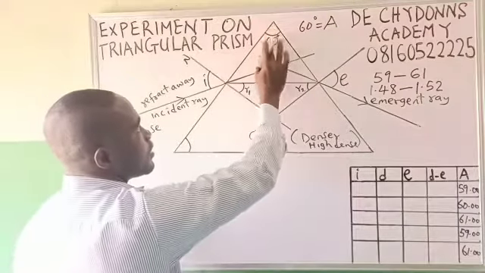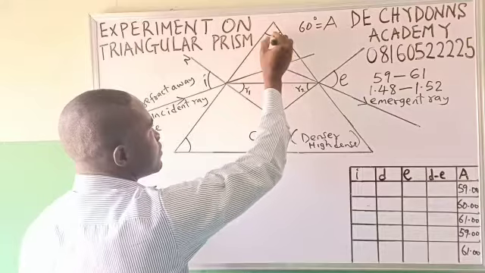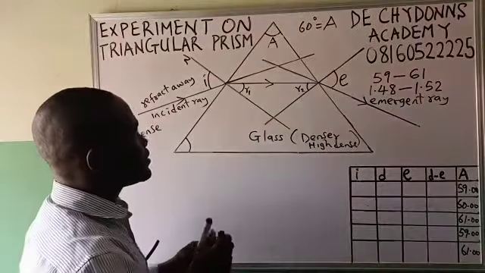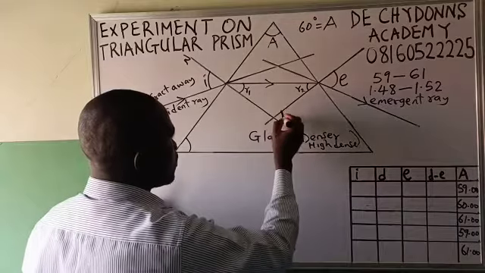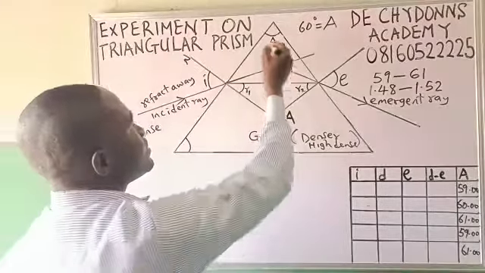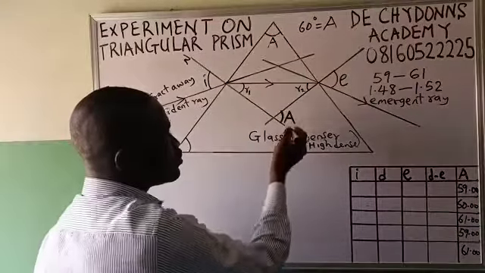This angle here, A, is equal to the angle here. Note it, that this angle here is equal to this.